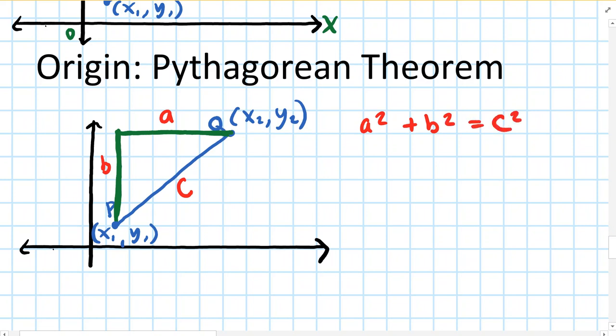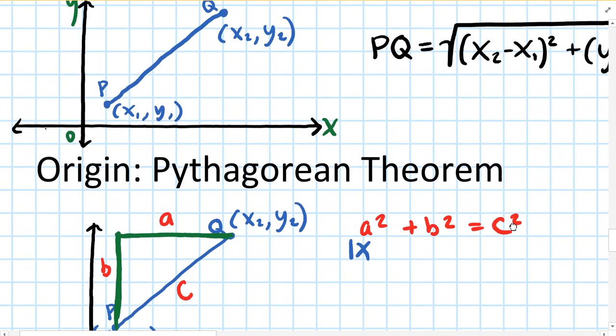But A is really the change in my x value. It's this horizontal change. So this is just the equation from the number line. This is the absolute value of x2 minus x1. Let's just look at the formula. Oh, it's x2 first.